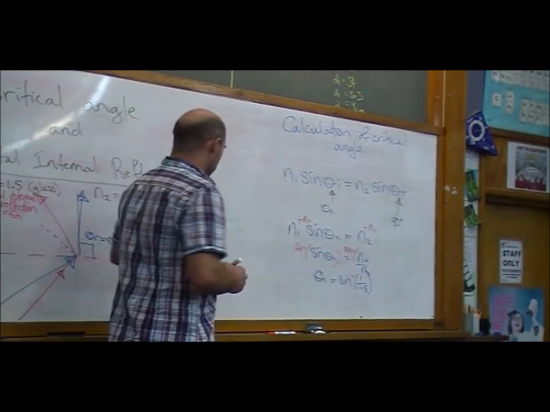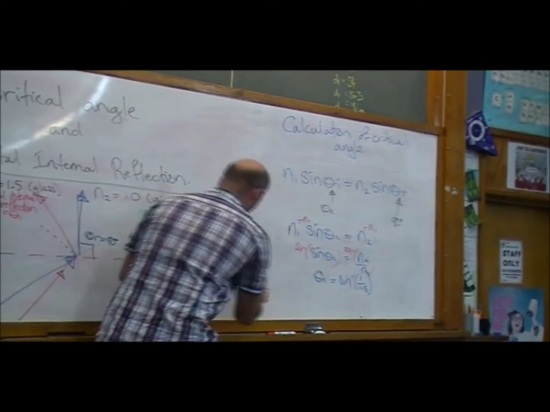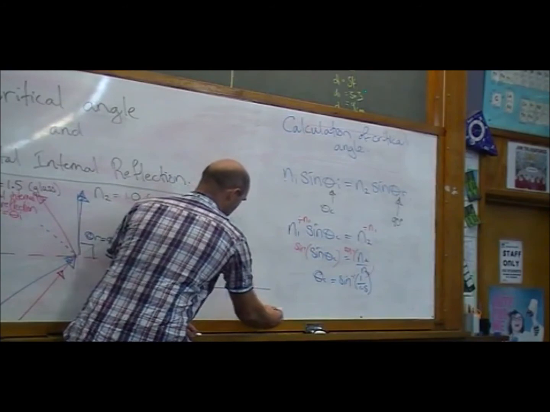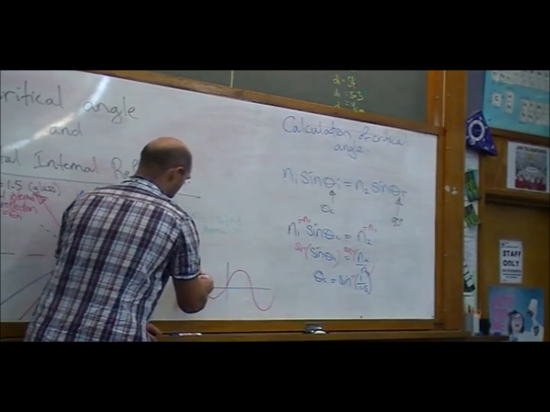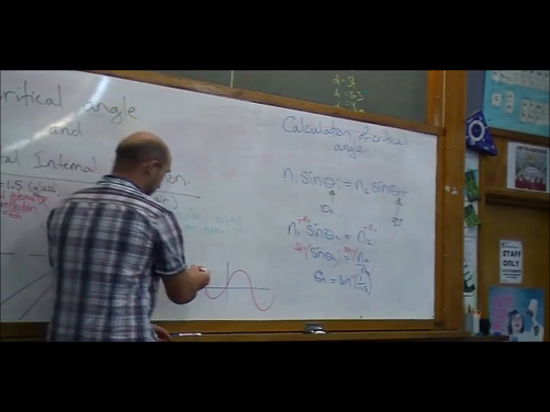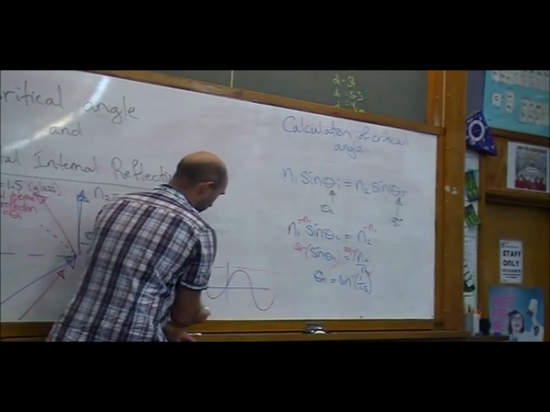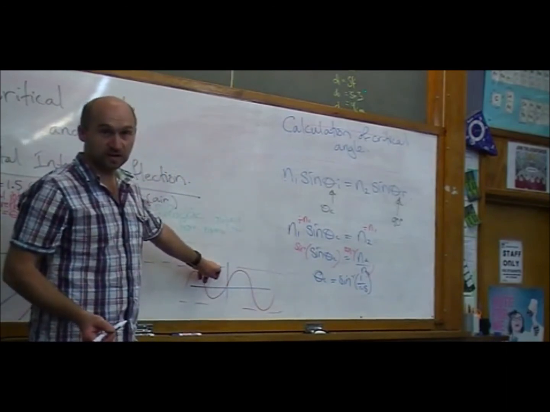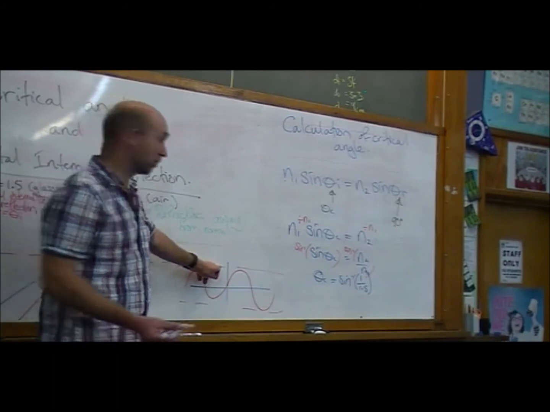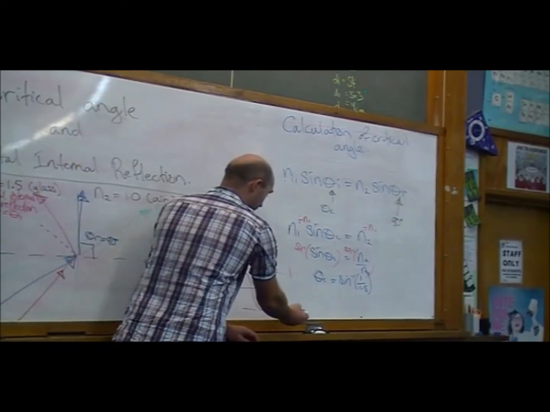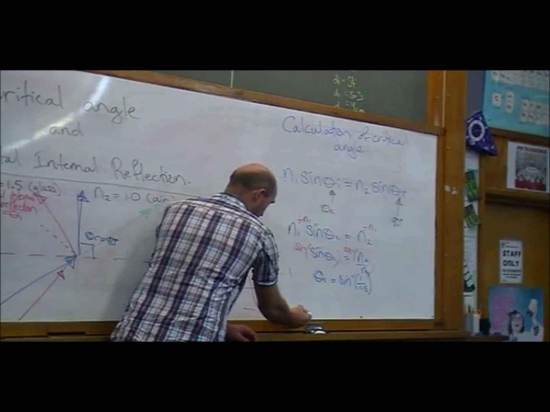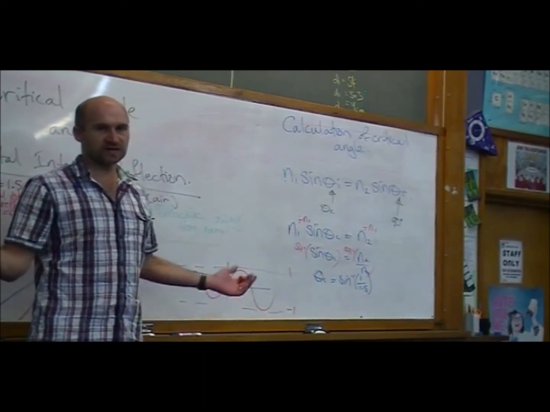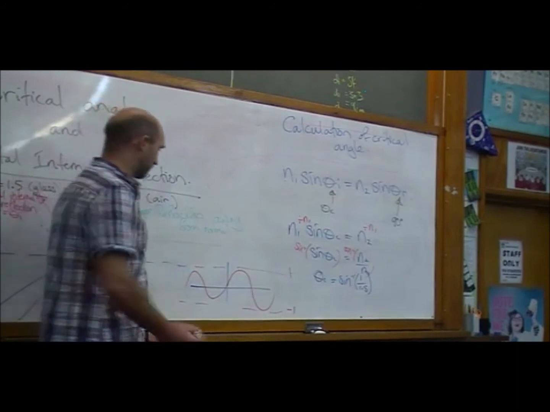And that's because if we think about what a sine graph looks like, it wiggles up and down, above and below the x-axis, and the maximum value that that sine graph ever gets to is 1. And the minimum value it ever gets to is -1.